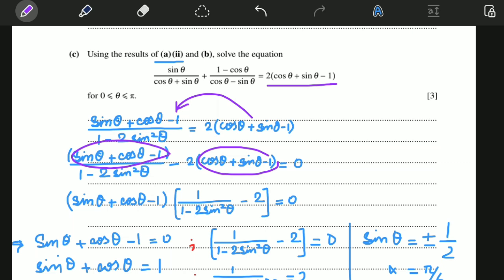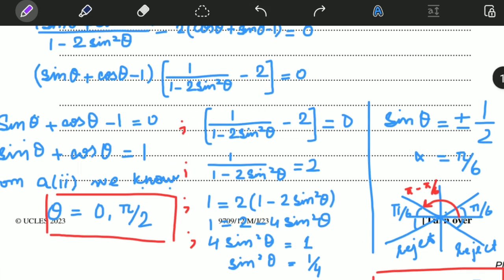So this will give you 1 over (1 minus 2 sin square theta) minus 2.